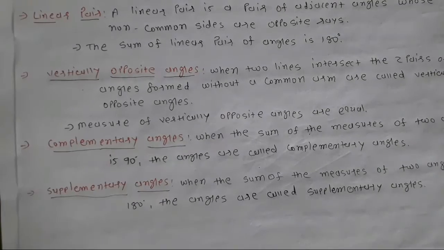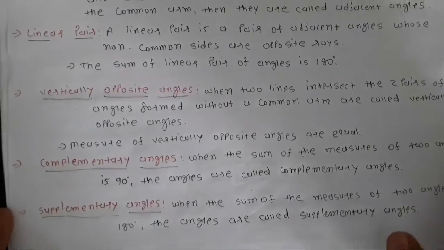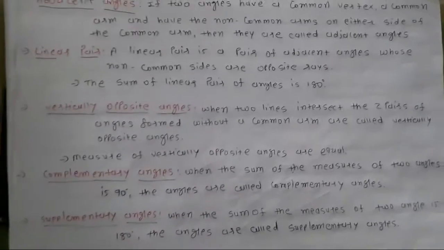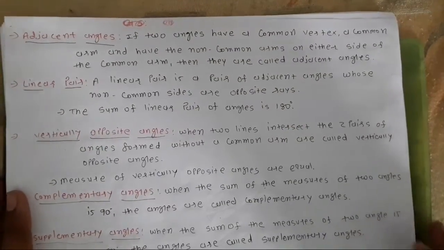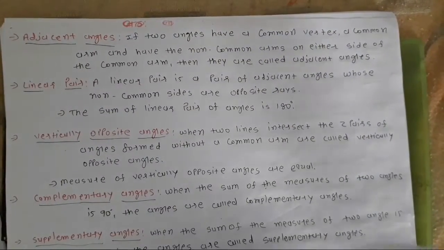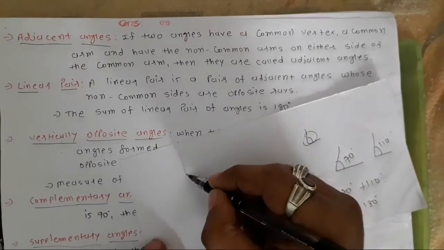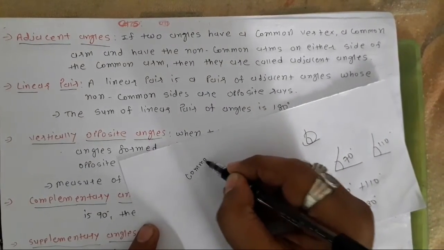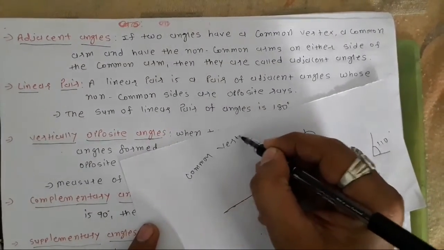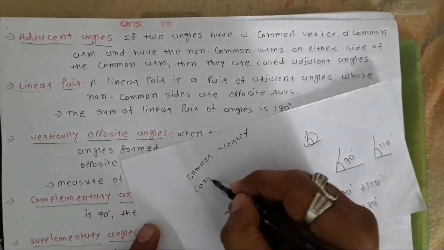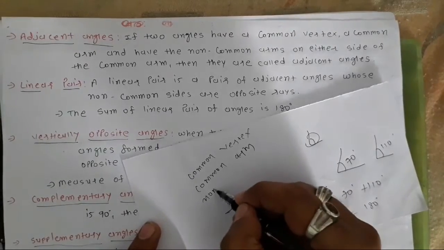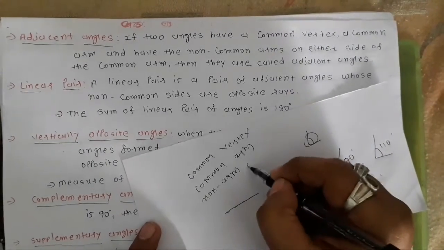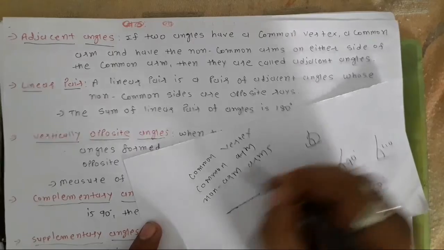Now moving to the next question, but before that we'll revise what we have done till now. Here the first one is adjacent angles. As I told you, if two angles have a common vertex, a common arm and non-common arms, these angles are called adjacent angles.